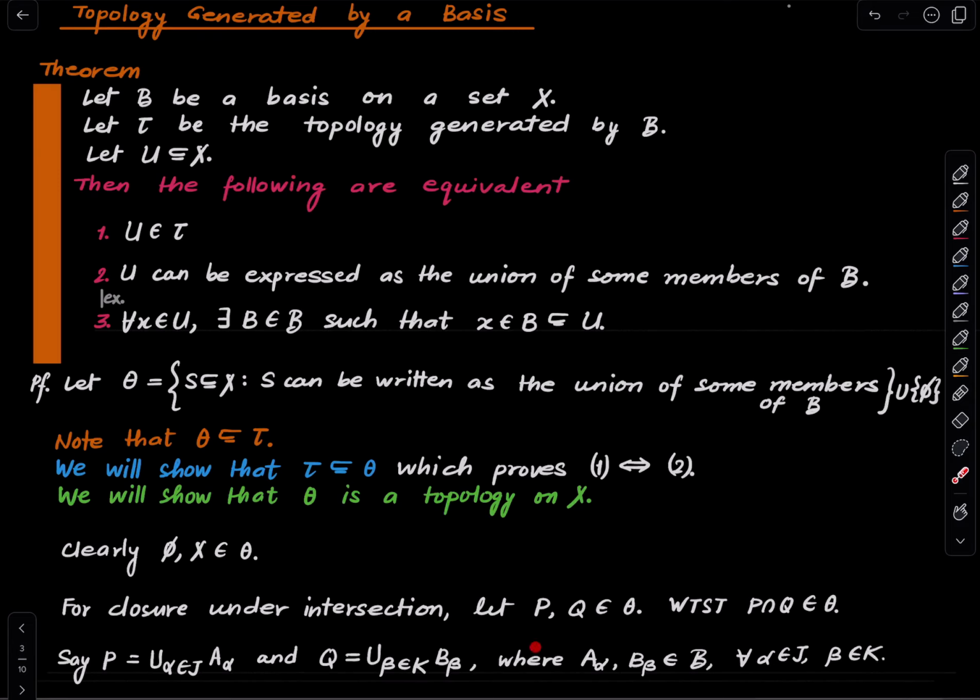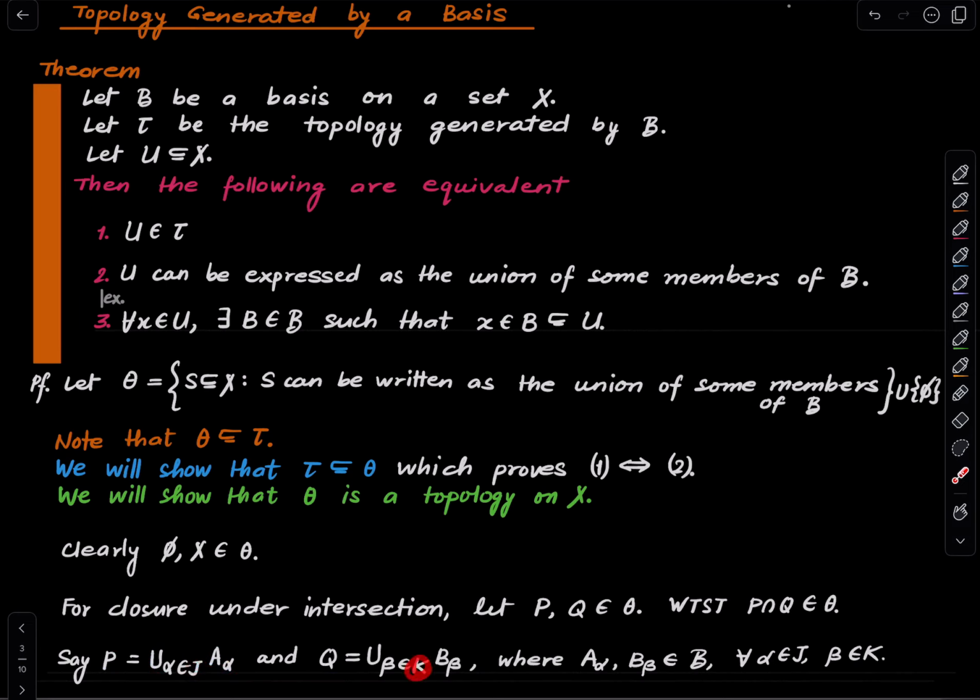This is a complicated way of saying that there is some collection of members of B whose union is P. The collection is indexed by some set J. This set J may be uncountable, who cares?